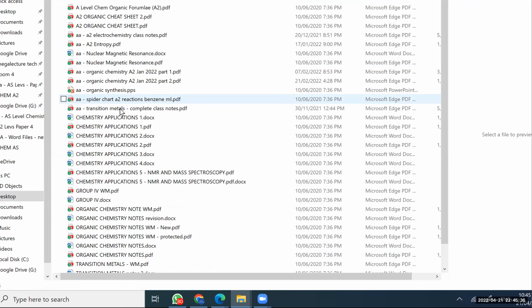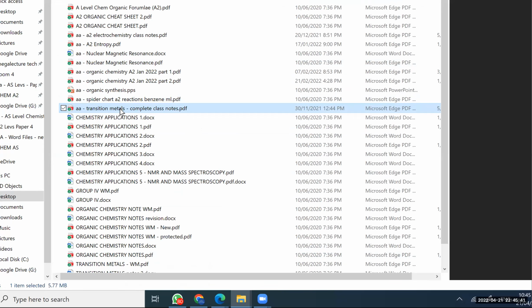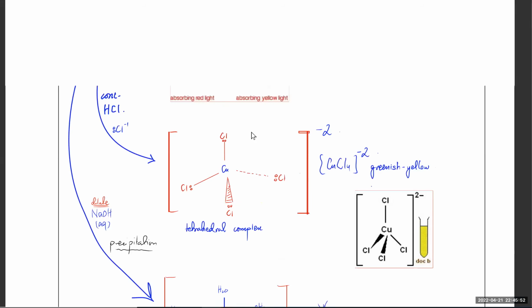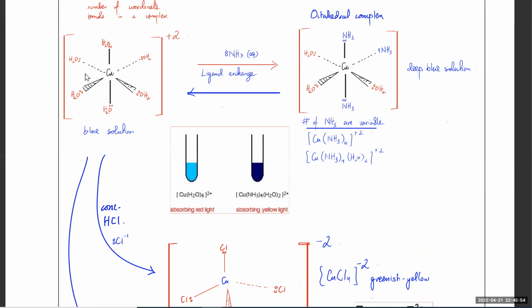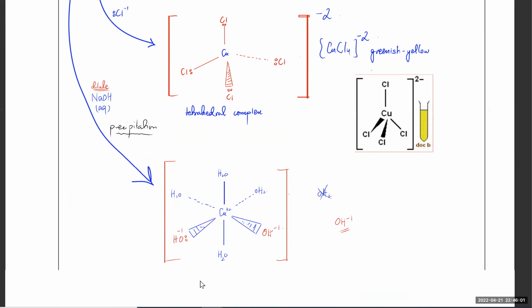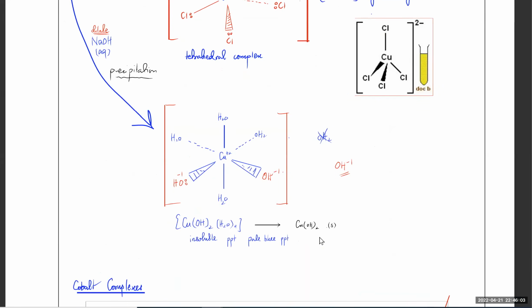So these are the main ligand exchange reactions that you have to remember. Copper with water, you add NH3, copper becomes surrounded by NH3, you add Cl, you add OH ions, it eventually forms a precipitate of copper hydroxide.